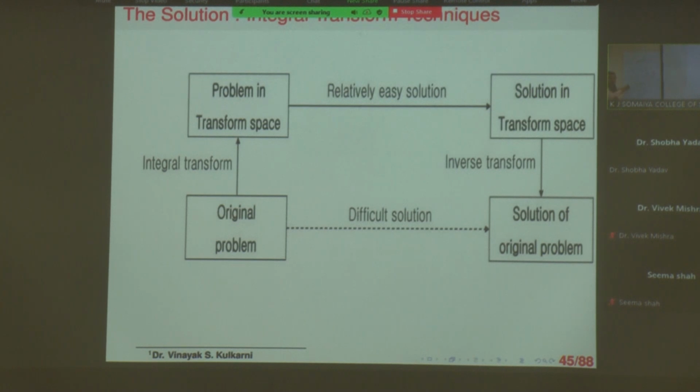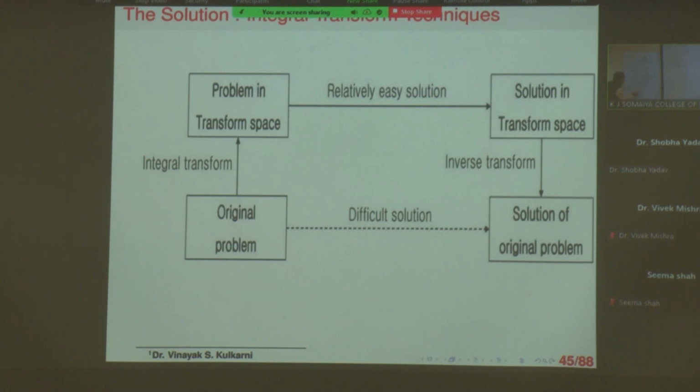After applying the integral transform, this will shift to some other space. Either I will apply the integral transform with respect to the time variable, or with respect to the space variable. Here I am going to apply it with respect to the space variable, because the space variable x ranges from minus infinity to plus infinity. So I am going to apply a Fourier transform.